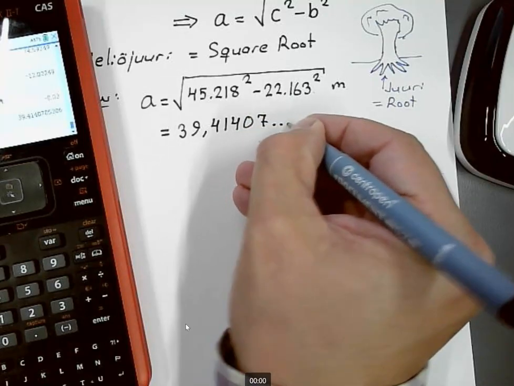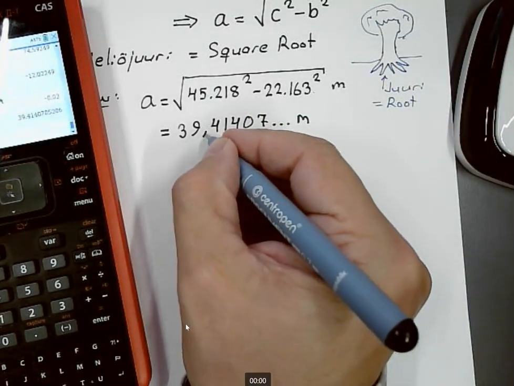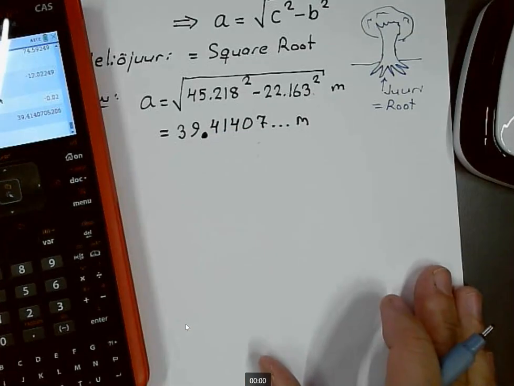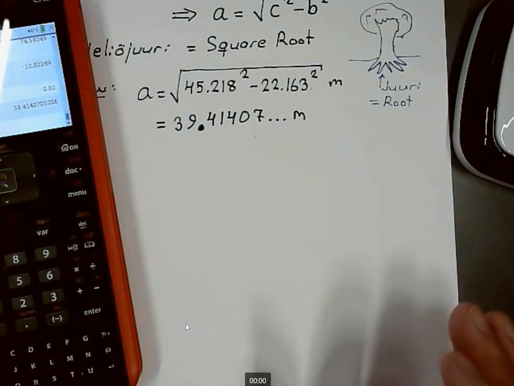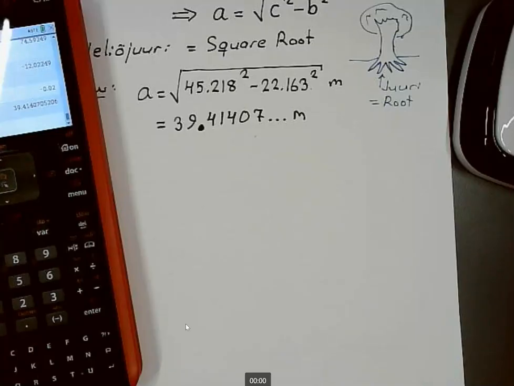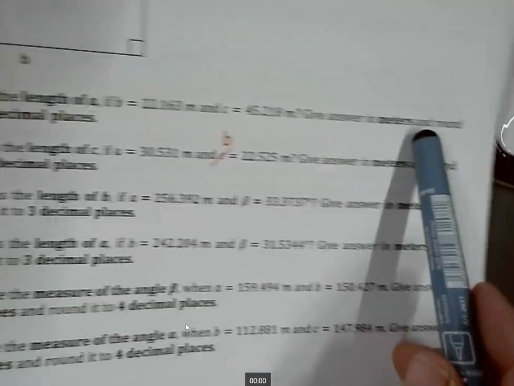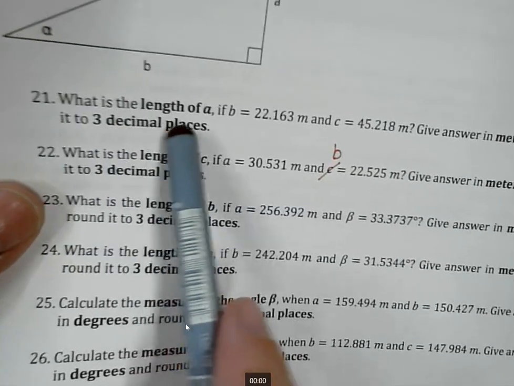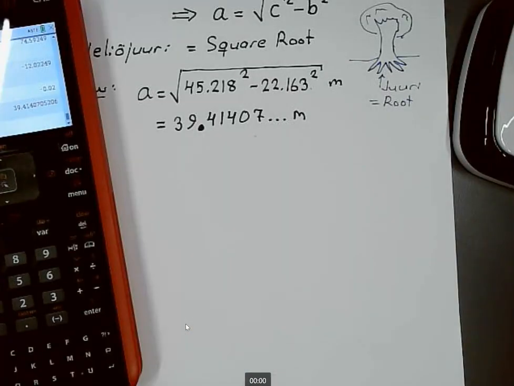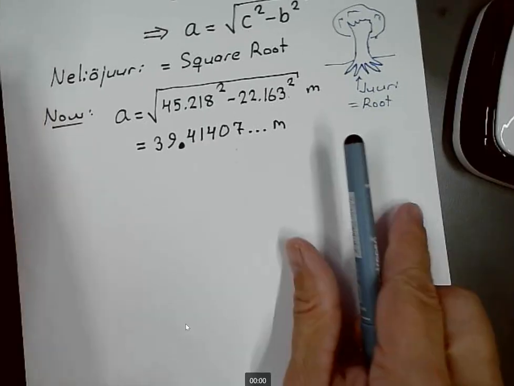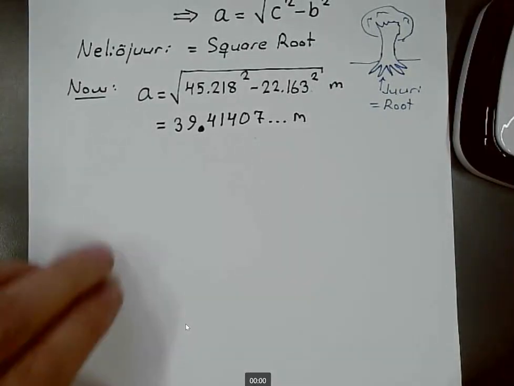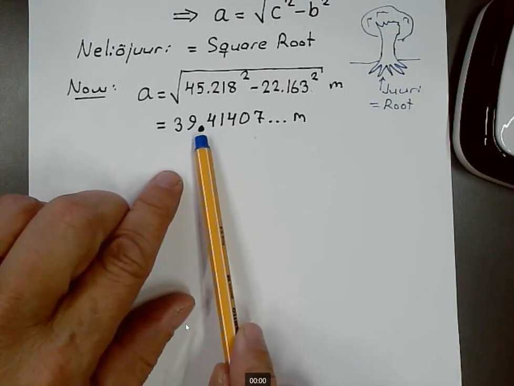39.41407, etc. Now I try to use that point. And then in the problem it was said that it should be rounded to 3 decimal places, and that means that we have to leave 3 decimals, or 3 numbers, after that point.